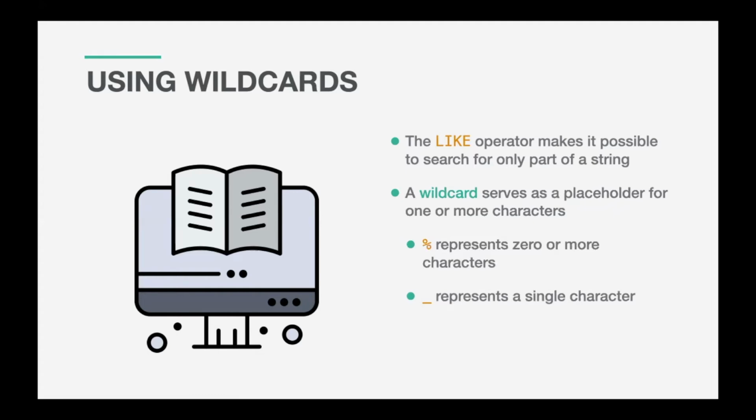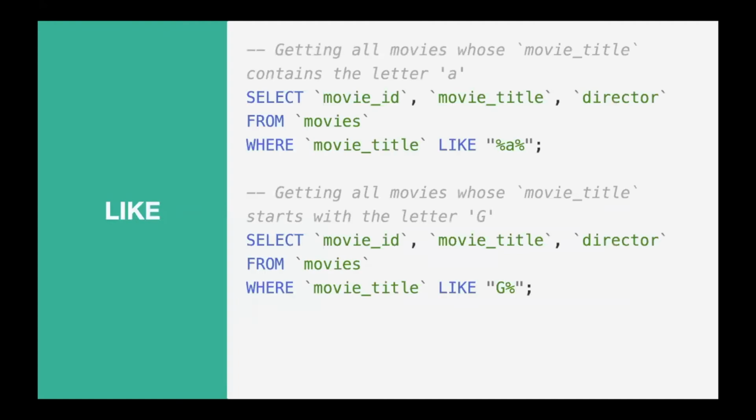All right, so that's wildcards. Let's take a look at an example. So here we have another select statement. We have, again, retrieving some columns from the movies table. Now we're doing where movies title like, and then we have our string here.